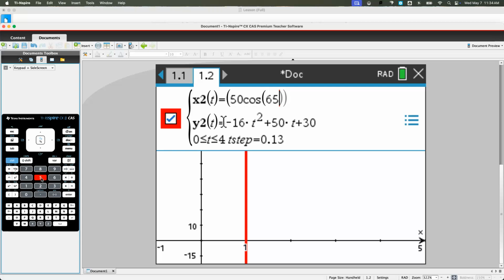So the manual override for that is down here in pi, I can put in the degree symbol, and now it doesn't see it as 65 radians. It sees it as 65 degrees. Okay? The other option is, before you start typing this in, because if you do this after you type it in, it will erase it for you, is switching that, drawing your cursor up to the radians and then clicking it to degrees. Okay? Then I've got to double close out, and then I need my t.